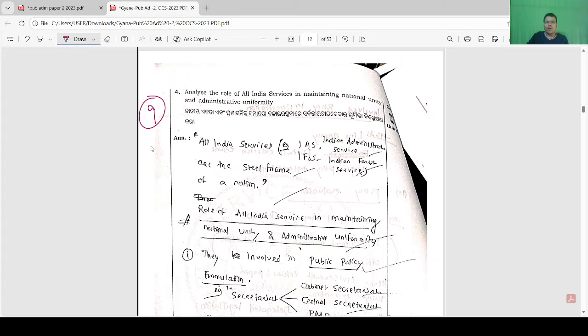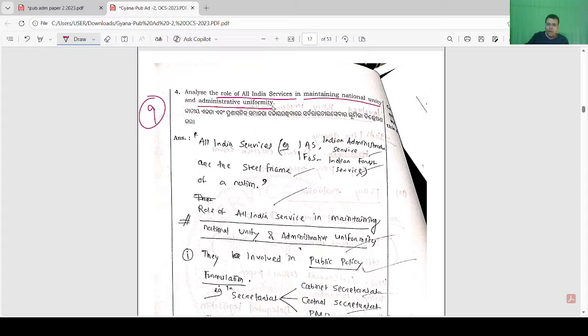In this question he got 9 marks, and the reason is that the answer got a little diluted. The question is the role of All India Services in maintaining national unity and administrative uniformity.